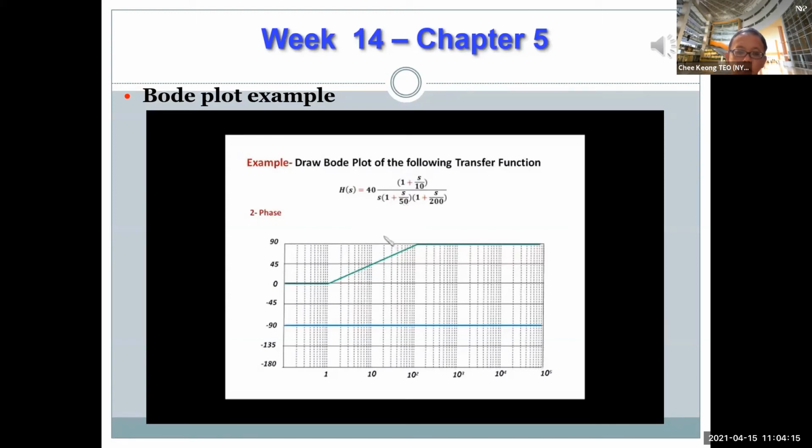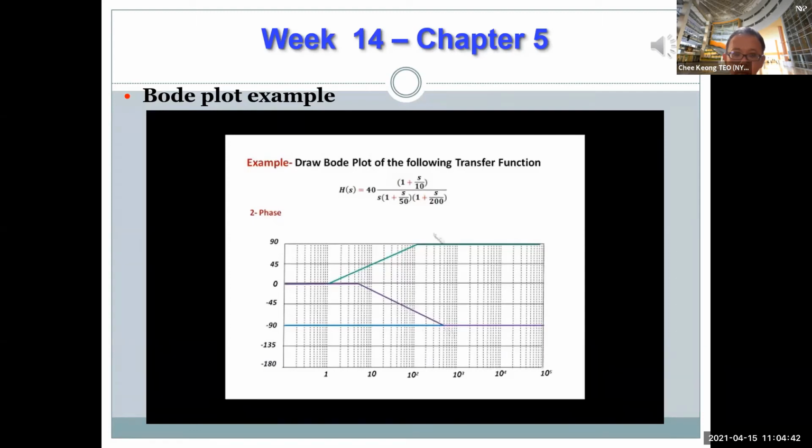When we come to the frequency of 5 around here, you will start to have a minus 45 degrees per decade straight line until you hit 500. So let's plot the line and see how it will go. That's indeed what we have. It starts at 0 until you hit 5, then you have minus 45 degrees per decade, such that at 50 you're going to reach minus 45 degrees. And then it will go back to flat at minus 90 at 500.